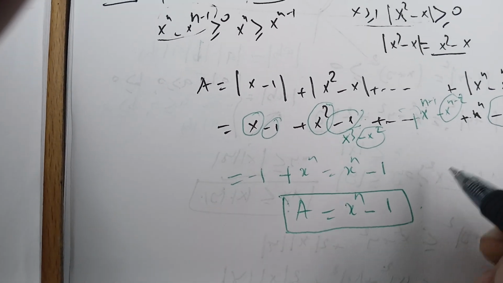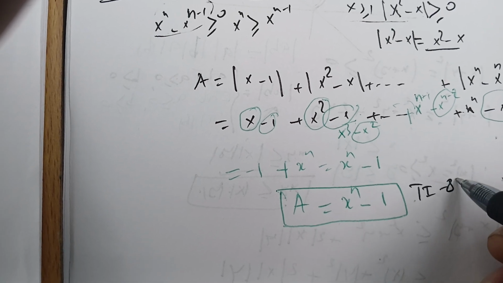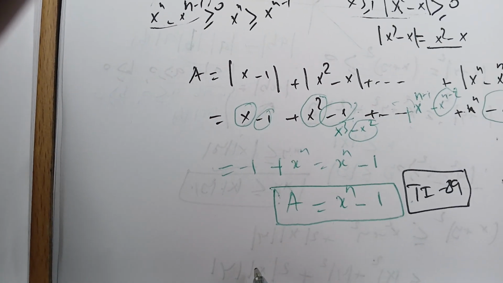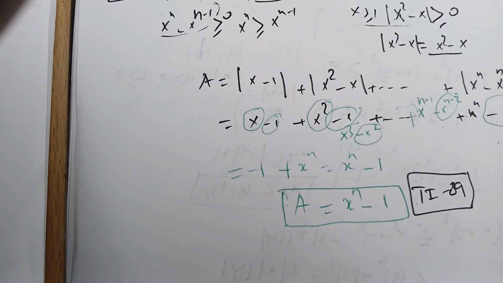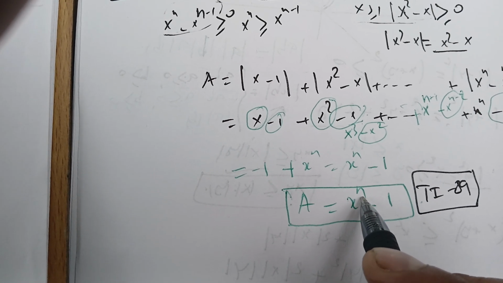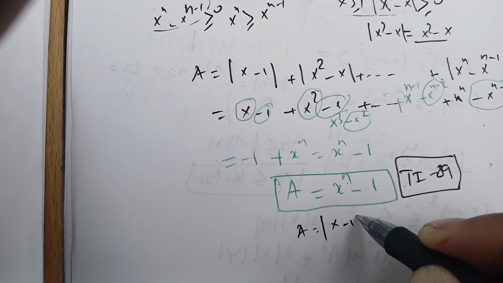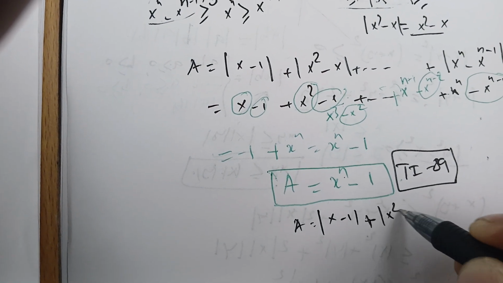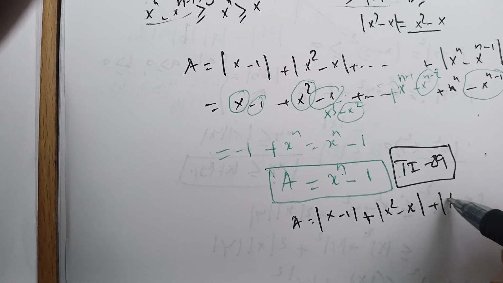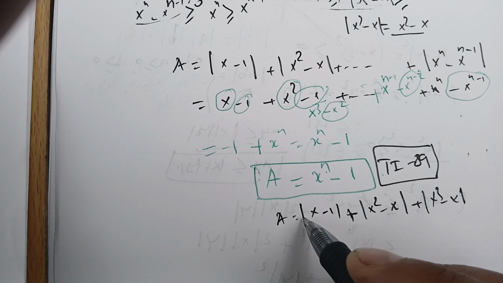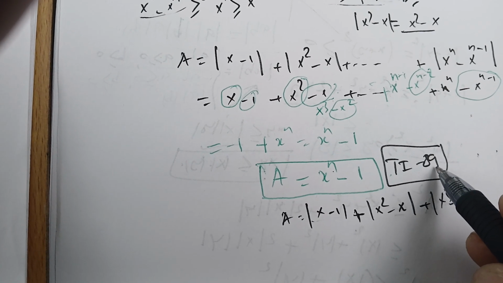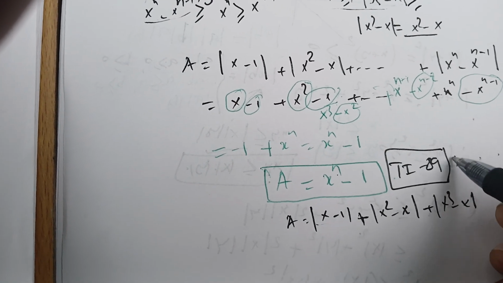The good thing about the TI-89 is that it's great. To convince yourself, do it for n equal to 3. For 3 we have x minus 1 plus x squared minus x plus x cubed minus x squared. Do this one in a TI-89 Titanium.